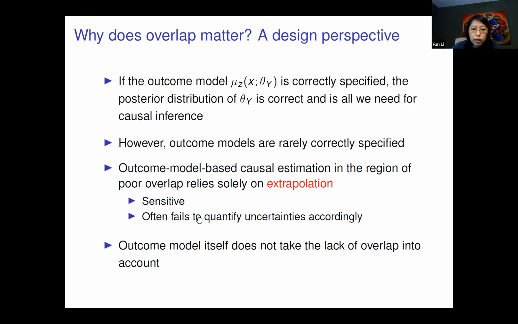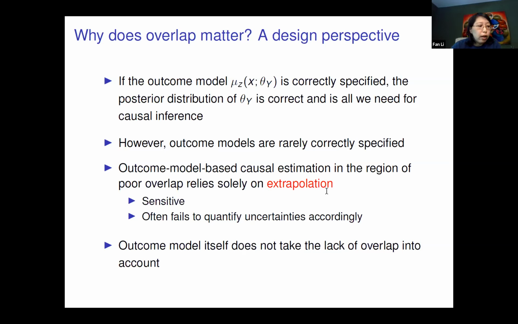And you might also fail to quantify the uncertainty accordingly, because obviously if we have poor overlap and everything depends on extrapolation, then you would expect your Bayesian model to adequately reflect the large uncertainty in those regions, right?